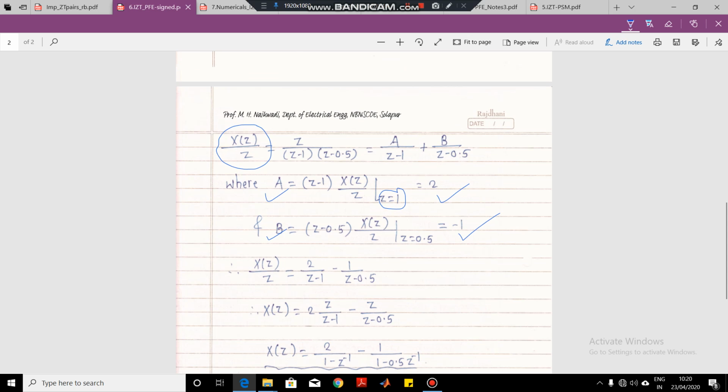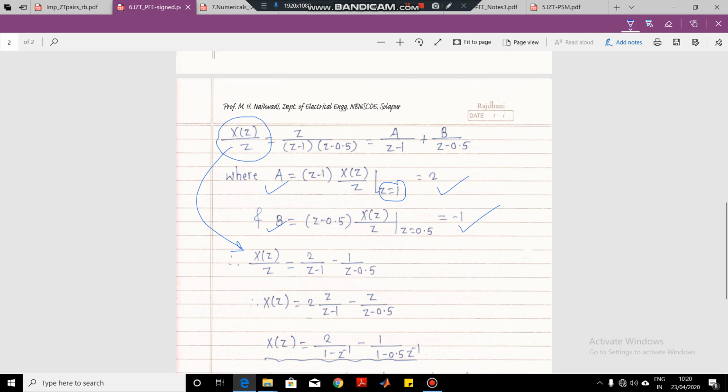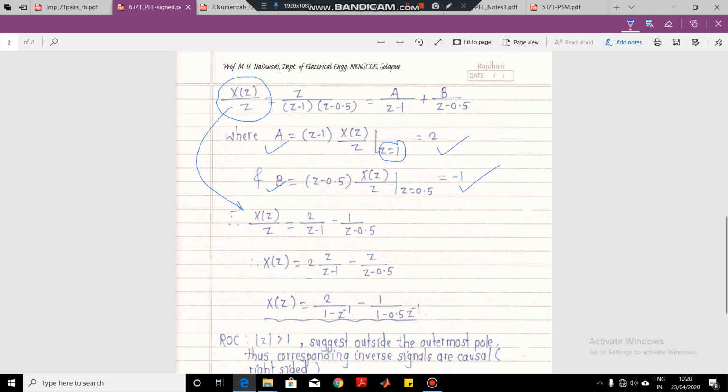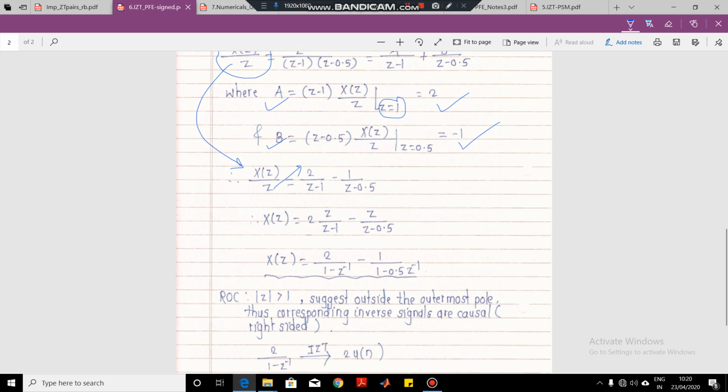So we can write the expansion of X of z upon z as 2 upon z minus 1 minus 1 upon z minus 0.5. Now we can take this z to the right hand side, so I multiply both fractions by z. It will be simply 2z upon z minus 1 minus z upon z minus 0.5.